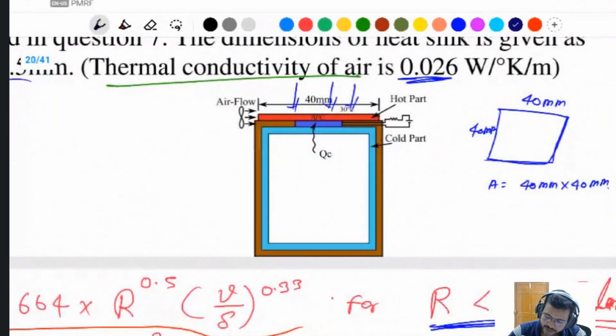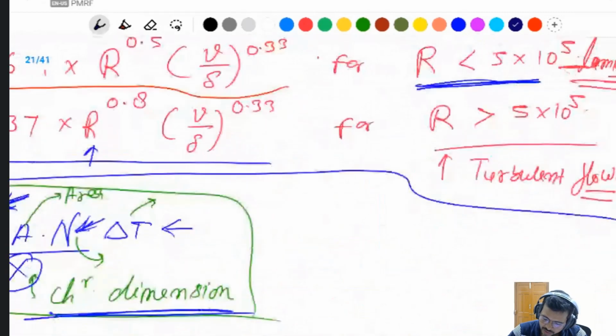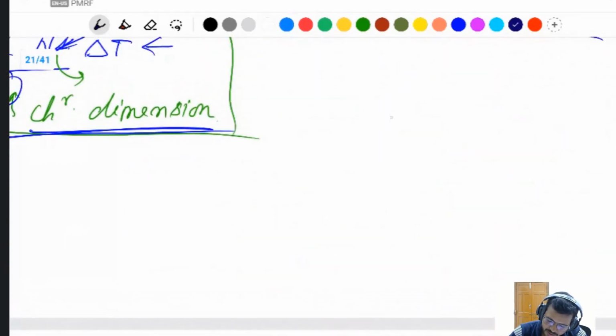The same plate, but the flow is from the side. Temperature is flowing from the side.